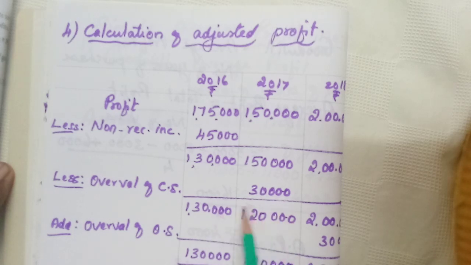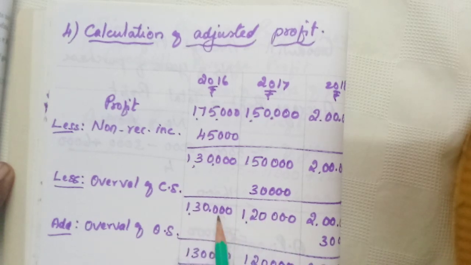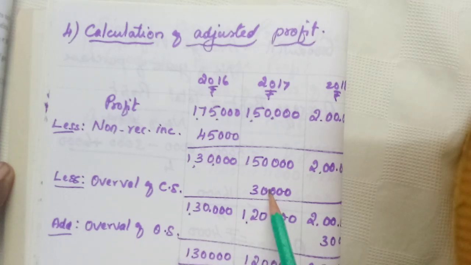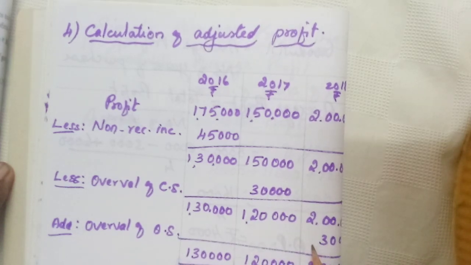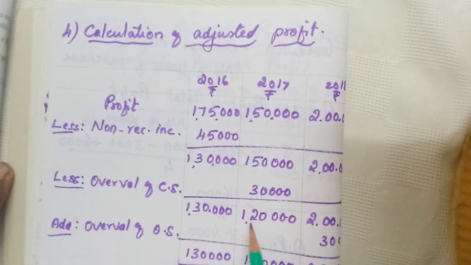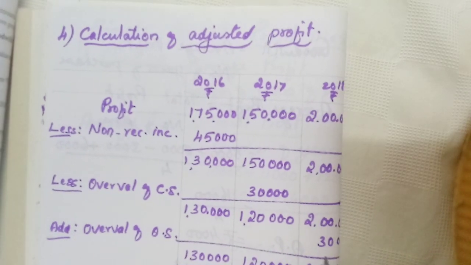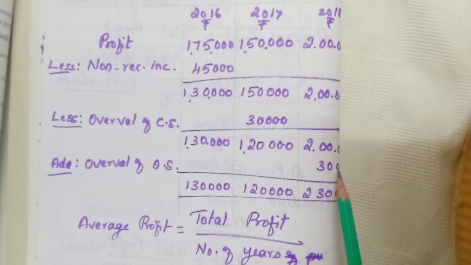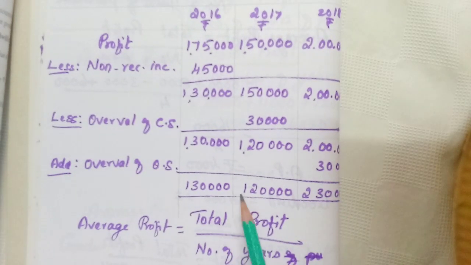Write and reduce, then write the net amount. Then this closing stock of this year will be the opening stock of next year. So this year we have deducted, so next year we need to add that. 30,000 you have to add, and you will get the profit of those years.